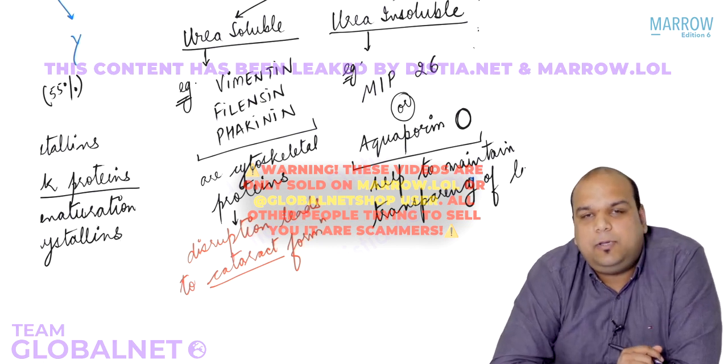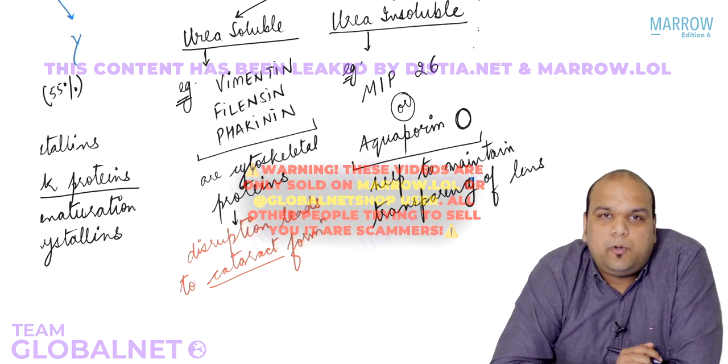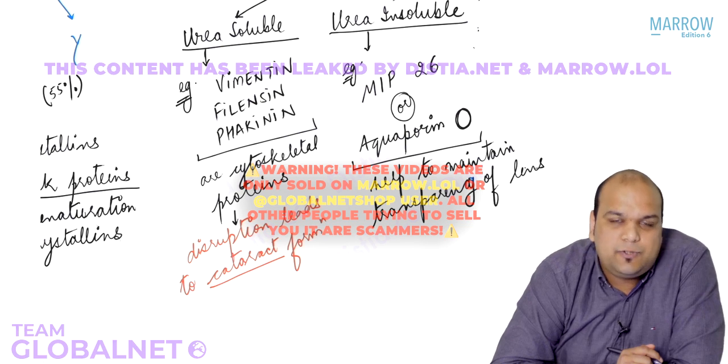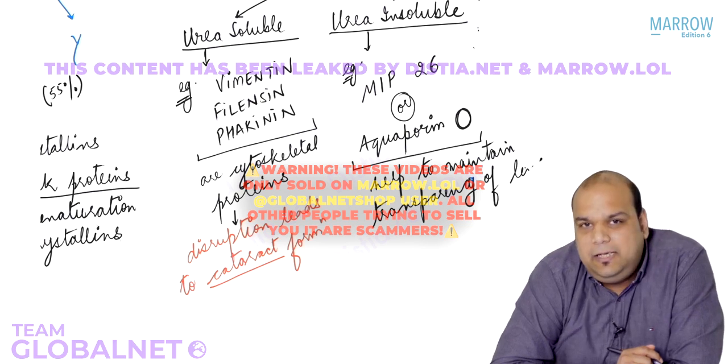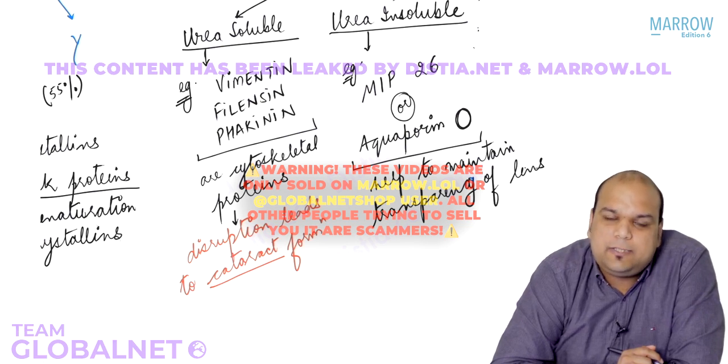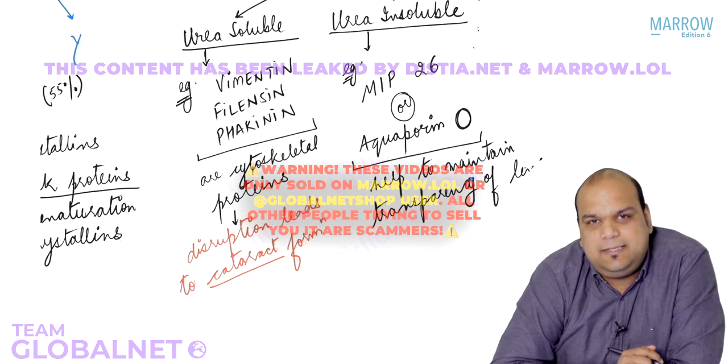I hope we are clear about the three groups of proteins, everybody. Number 1, water soluble, crystallines. Number 2, water insoluble, urea soluble, cytoskeletal proteins. Number 3, water insoluble as well as urea insoluble, MIP26 or aquaporin 0, responsible for maintenance of transparency of lens. Okay?